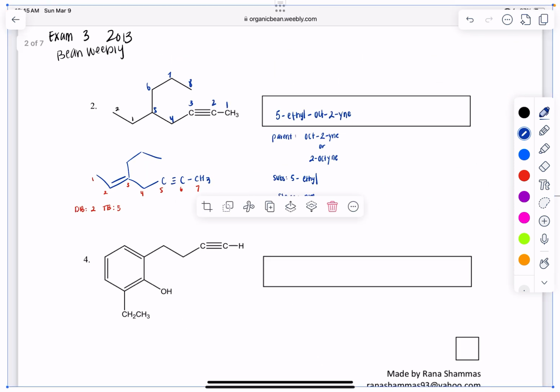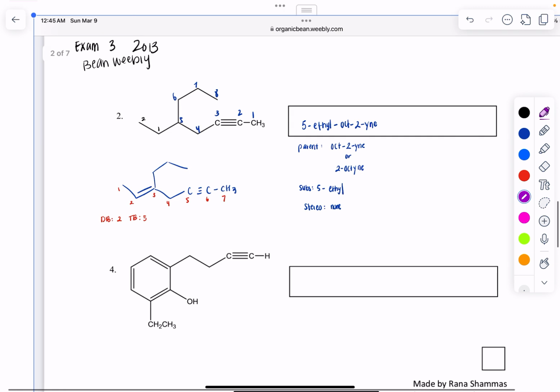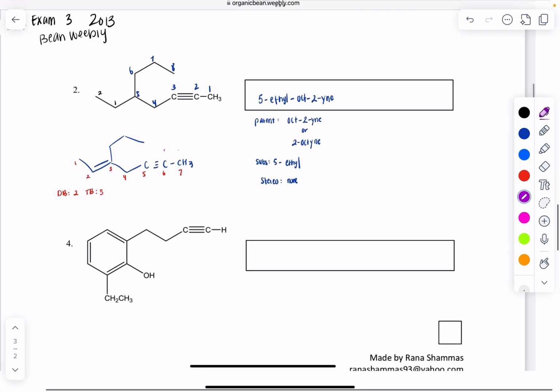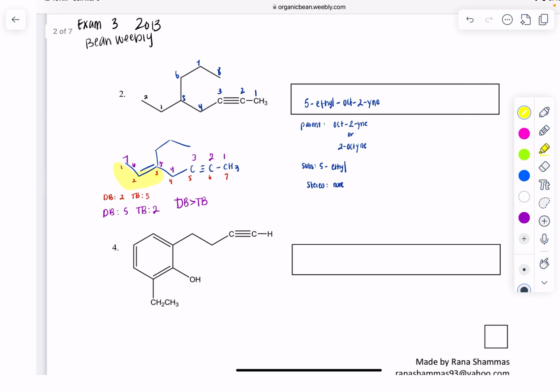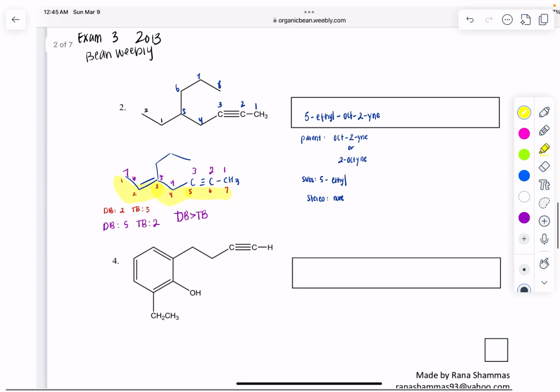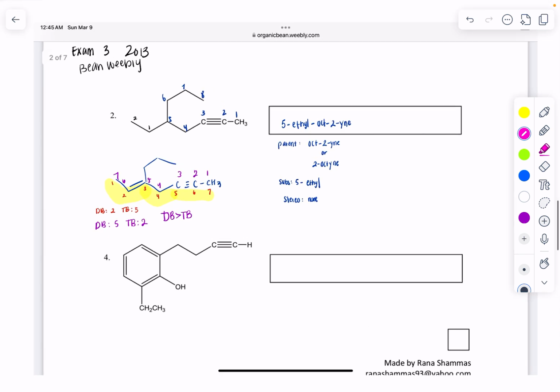If I number the other way, so 1, 2, 3, 4, 5, 6, 7, we hit the double bond at 5, triple bond at 2. So now remember that you're hitting them at the same numbers. So double bond will overpower triple bond. So we would go in the order of the red way, and then you would name as such. So when you look at the answer key, you're going to see this version, but I guess when I took a screenshot of it, this is how it looked. So you just got 2 examples in one.